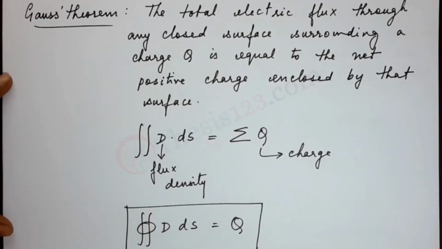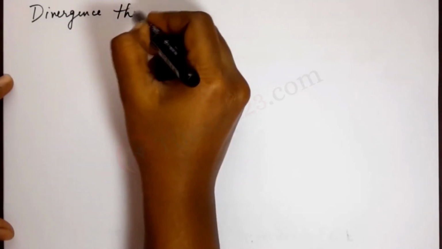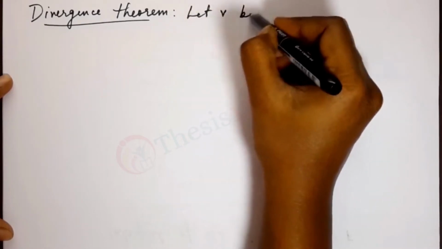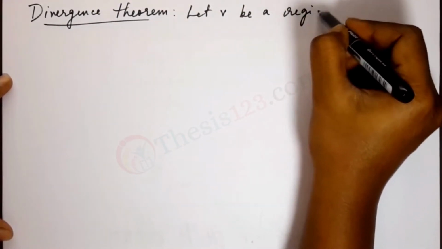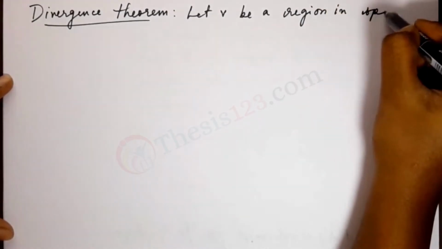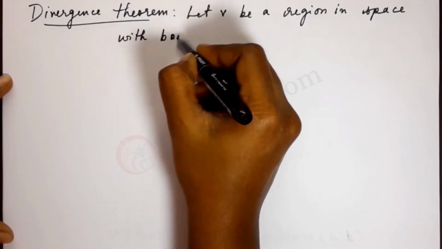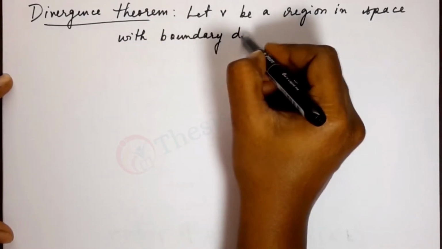So the next thing we have, the next theorem is divergence theorem. Let's write down the statement for the divergence theorem. Divergence theorem. Okay, so the statement is, let V be a region in space with a certain boundary. Let's call that boundary dV.